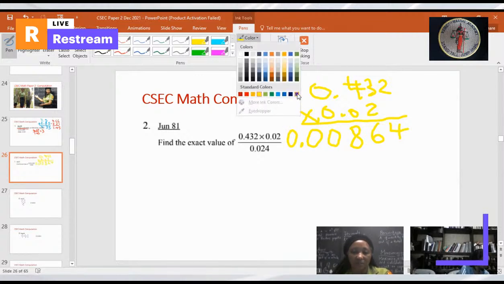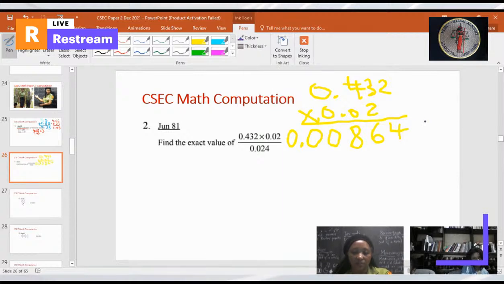5 decimal places. All right, what do we do next? Okay, miss, after that we're going to divide 0.00864 by 0.024. All right. Okay, miss, it will be 24 into 64.